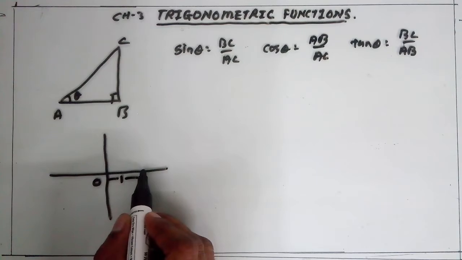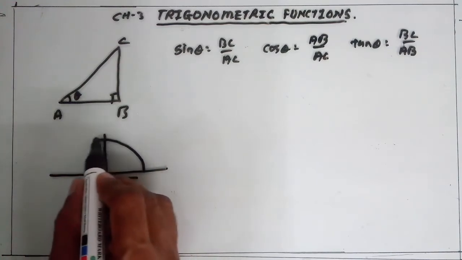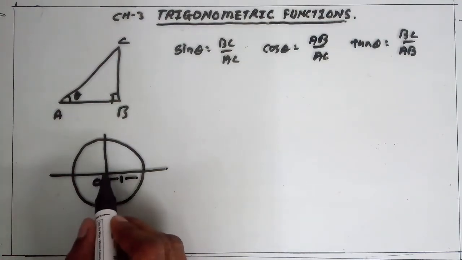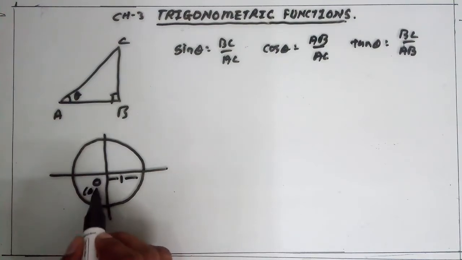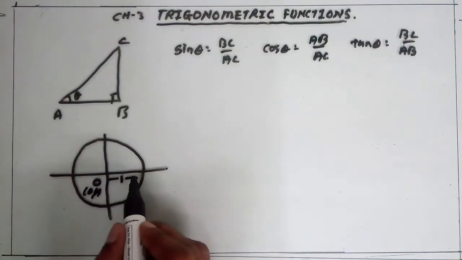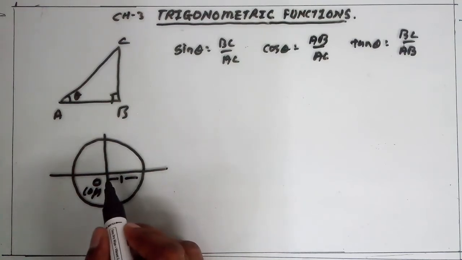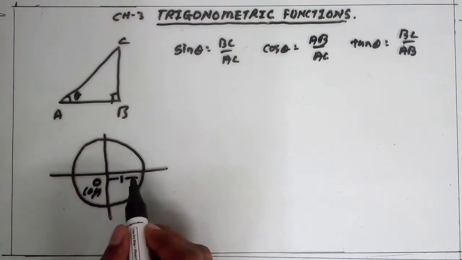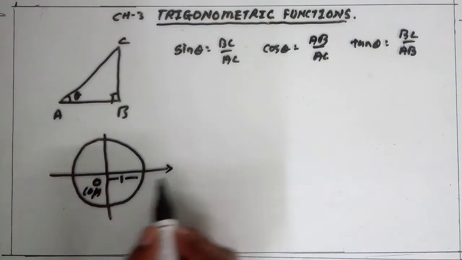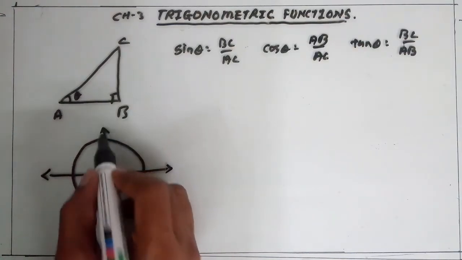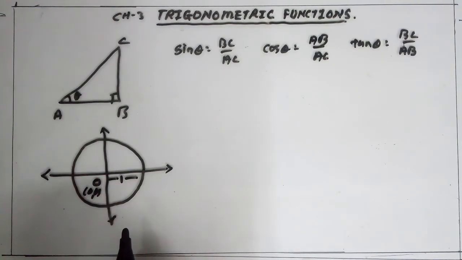Clear? For a unit circle, the center is the origin (0, 0) and the radius is 1 unit, 1 centimeter, 1 foot, 1 kilometer, as you like, you use this unit. Clear this?